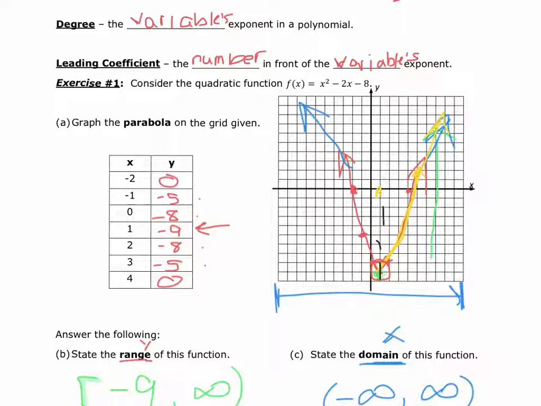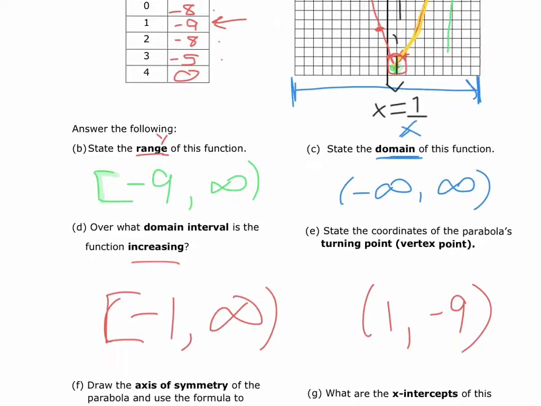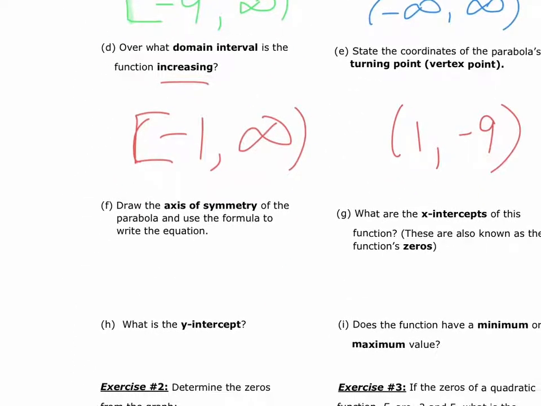It's that middle line where it would fold over. Since it's a vertical line, it's an x equals equation, and we can tell it passes through x equals 1. So that will be my answer, but they also want us to find it using the formula.